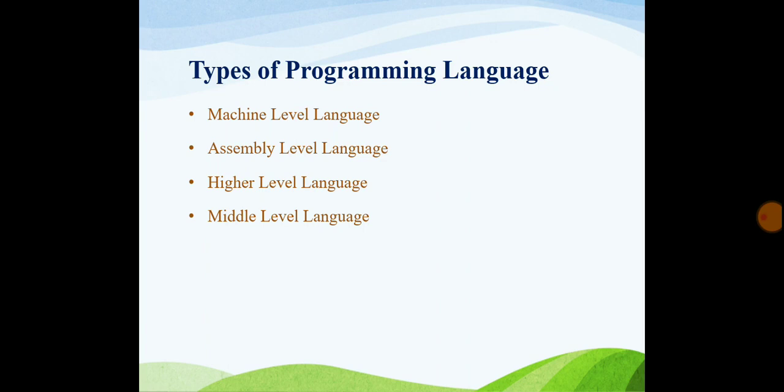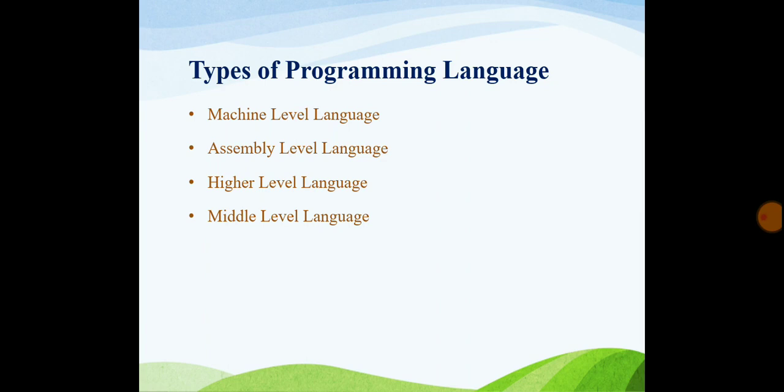So when the computer sees a specific pattern of 0 and 1, it knows what it has to do. This binary language which computers understand is also called machine language. Now let's see the types of programming languages available.